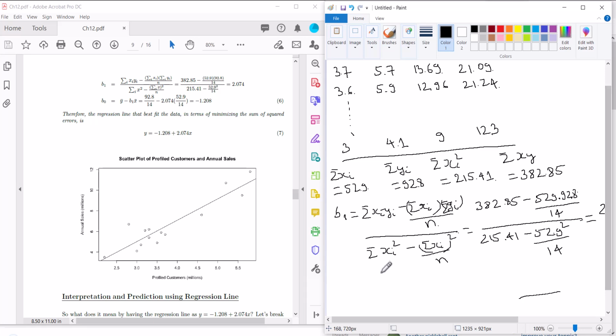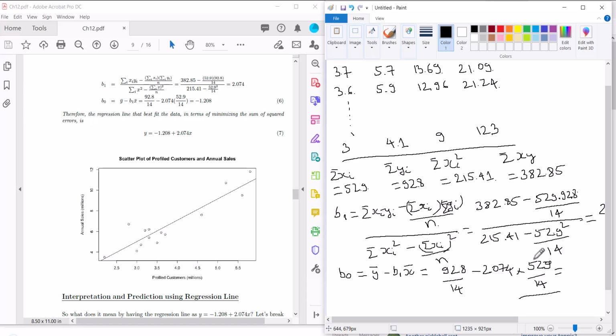After that, we are ready to calculate B0, which is equal to y bar minus B1 x bar. So y bar can be calculated by taking the sum of the y, which is 92.8 divided by 40, minus B1, which is 2.074, the one we just calculated, times x bar, which is 52.9 divided by 40.